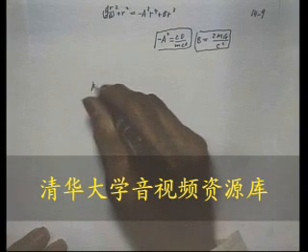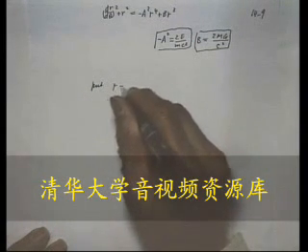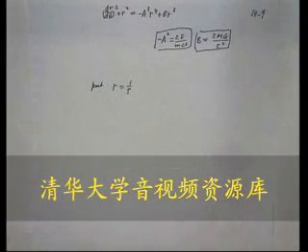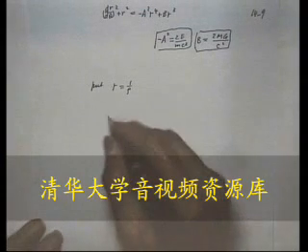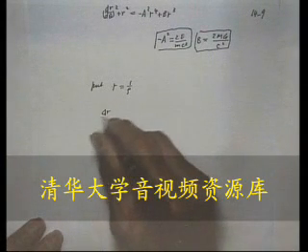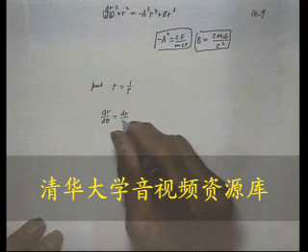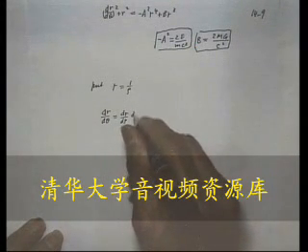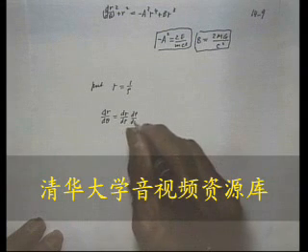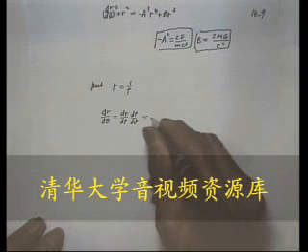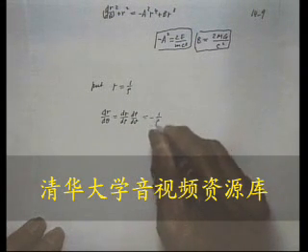Put r equal to 1 over rho. Then dr d theta becomes dr d rho times d rho d theta. But dr d rho is equal to 1 over rho squared.